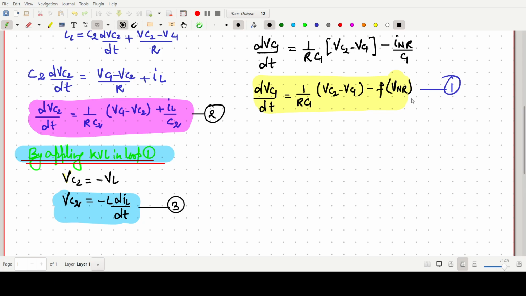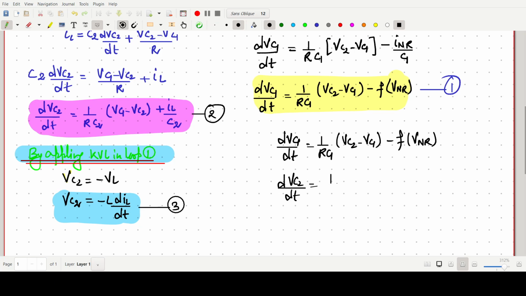So these are the main three equations. In the Chua circuit, dVc1 by dt, the first equation, is 1 by R times Vc2 minus Vc1 minus f(VNR). Another equation, dVc2 by dt, similar type, 1 by RC2 times Vc1 minus Vc2 plus IL by C2.